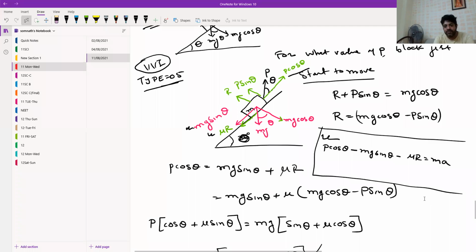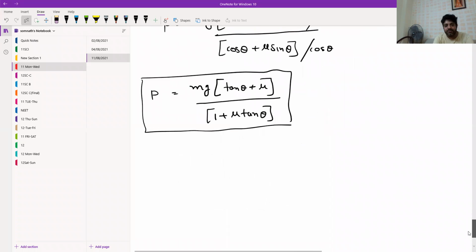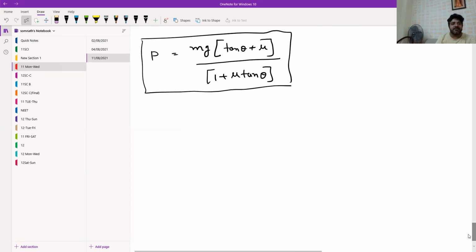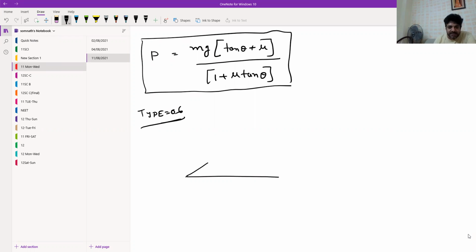Now I'm going to give you one more, that is type 6. Almost six types of situations you mostly face when you solve numericals related to normal reaction. So my type 6 is the same question, I'm just changing it a little bit.